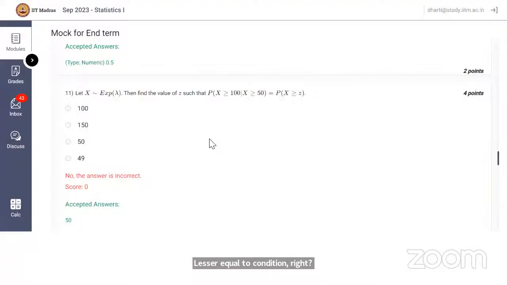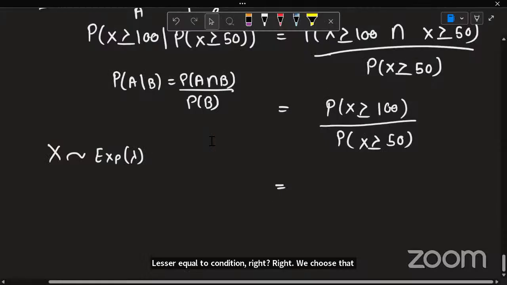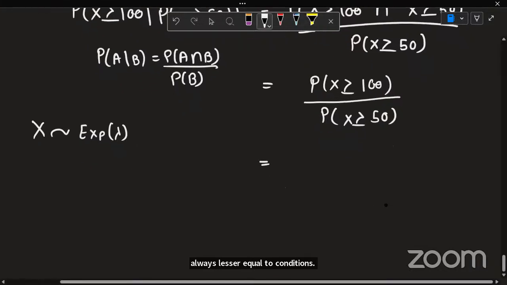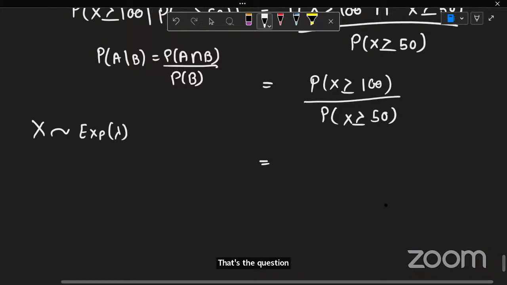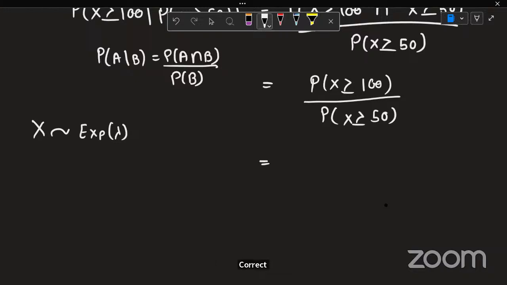We always choose less or equal to conditions, for the CDF. How will you go ahead from this part? We will convert it to 1 minus the lesser than probability.